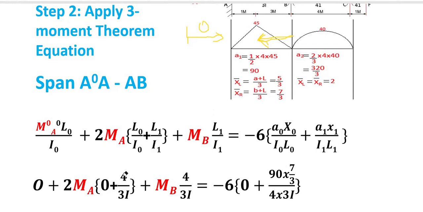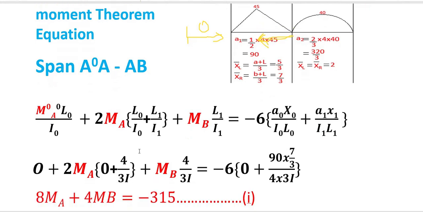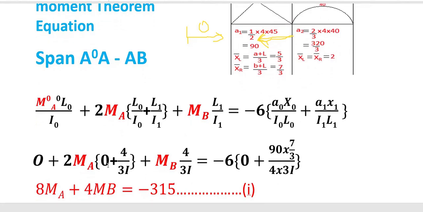If you simplify this further, you're going to get it. Because 3I is common throughout, if you multiply throughout by 3I, you'll get this is 8MA.